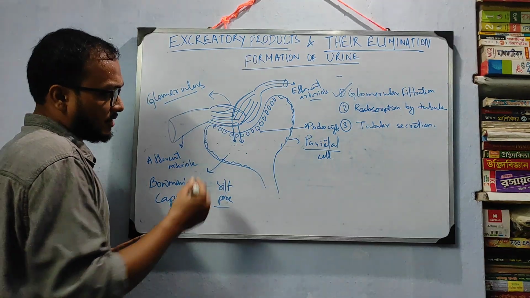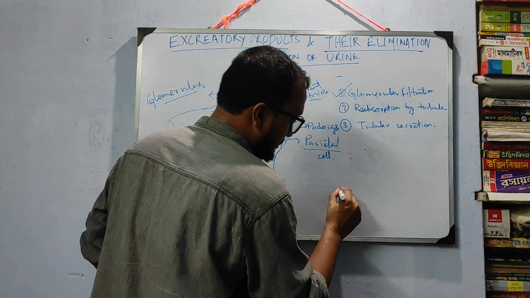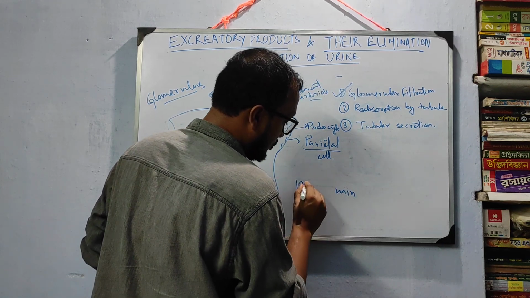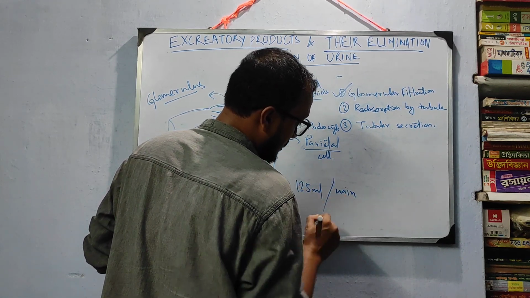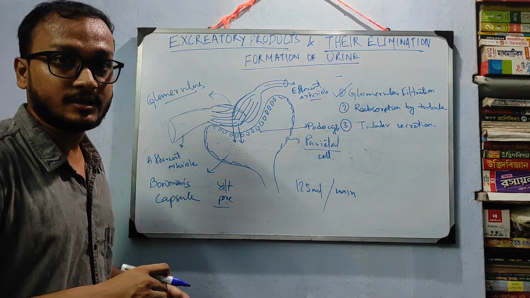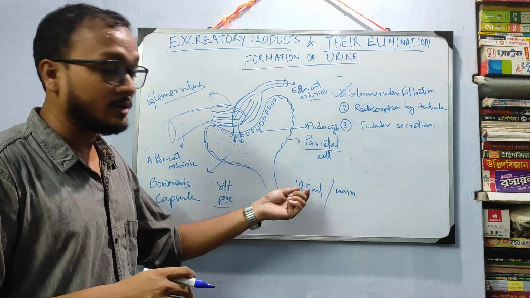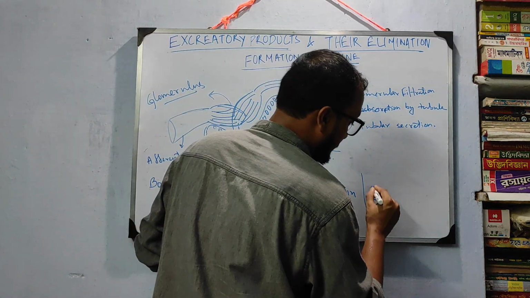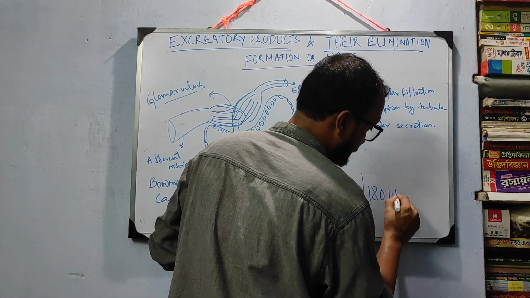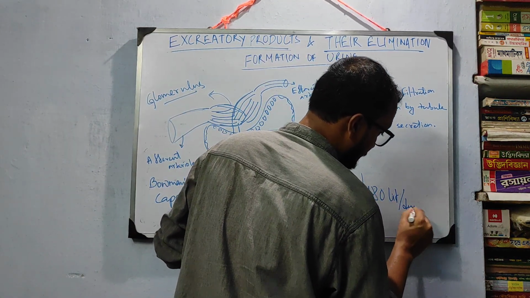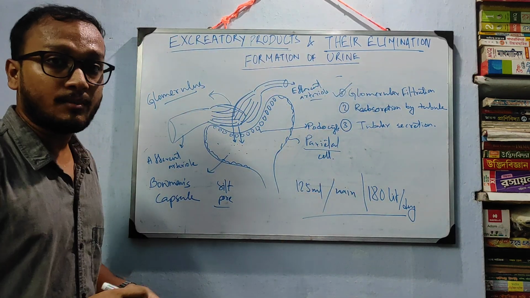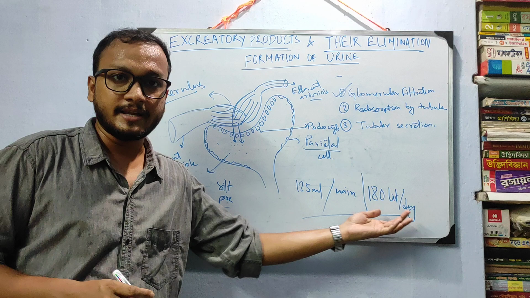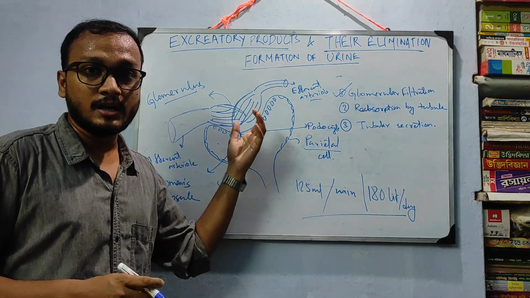Now in each minute, near about 125 ml of blood will get filtered. So 125 ml per minute of filtrate will form, or you can say 180 liters per day. That high amount of filtration is taking place each minute or each day in our body, or you can say in the nephron.